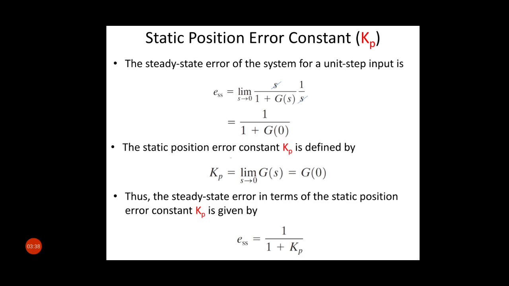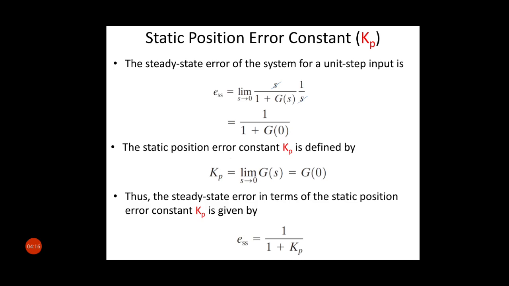See how we calculate the steady state error of the system for a unit step input. As we know, the steady state error ess equals limit s tends to 0 sE(s), and E(s) equals R(s) divided by 1 plus G(s)H(s).